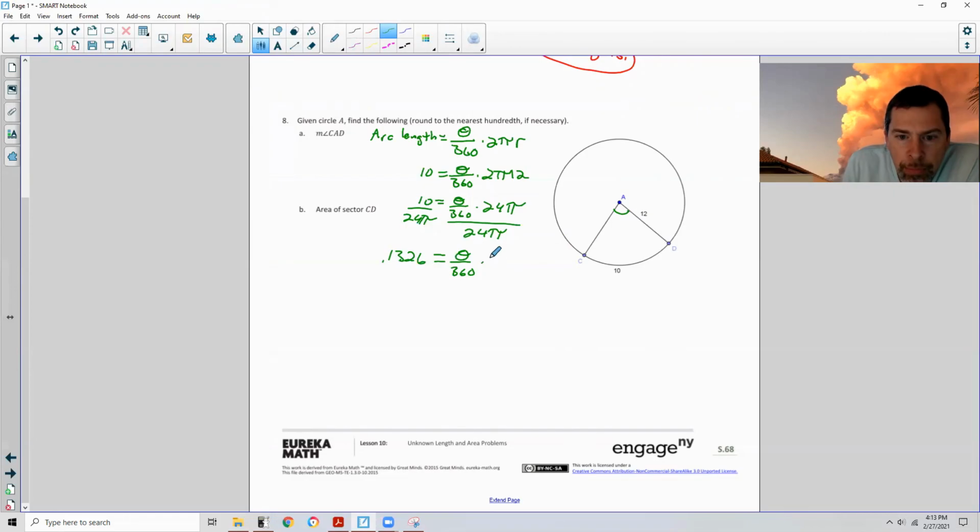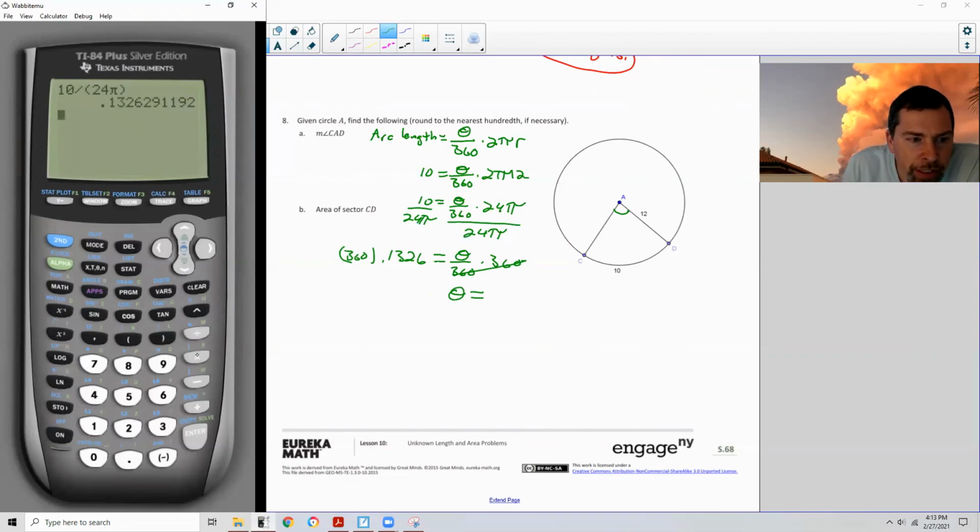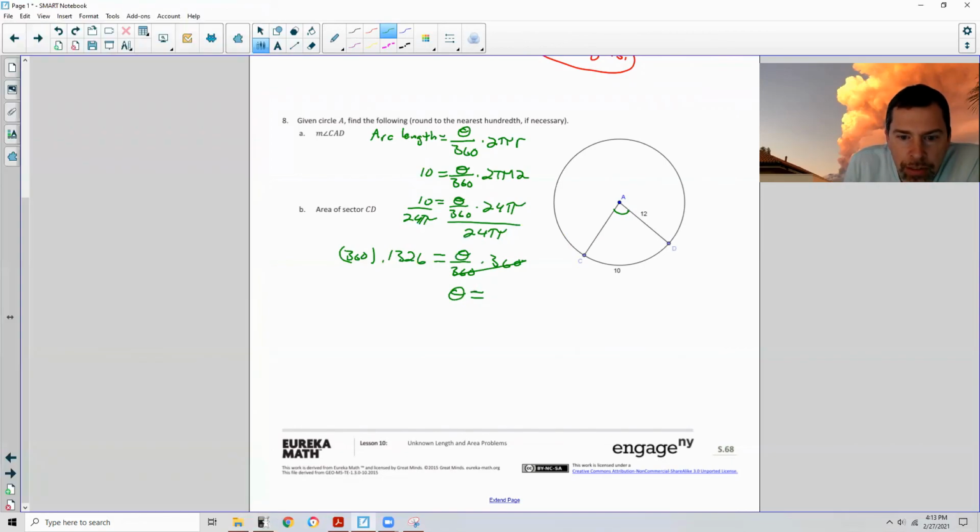And then I multiply by 360 on both sides, and that will give me my theta. These cancel, and I get theta equals that times 360. It's already in my calculator. If I just hit the times, it'll say answer times 360, and that will give me my 47.75 degree angle. It's an approximation, 47.75 degrees.